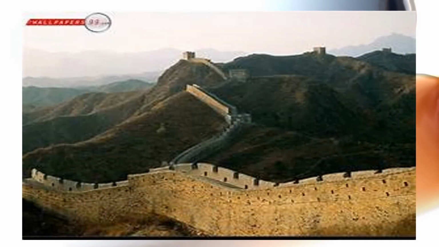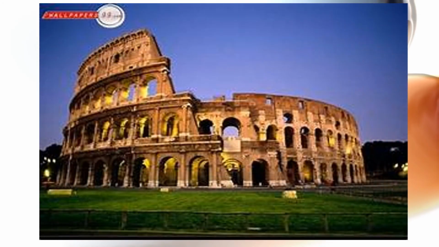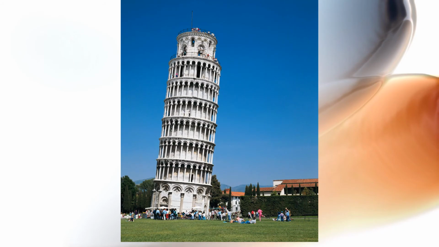The Great Wall of China is a primary source. The amphitheater is also a primary source. Okay, this one is also a primary source. The Leaning Tower of Pisa is also a primary source.